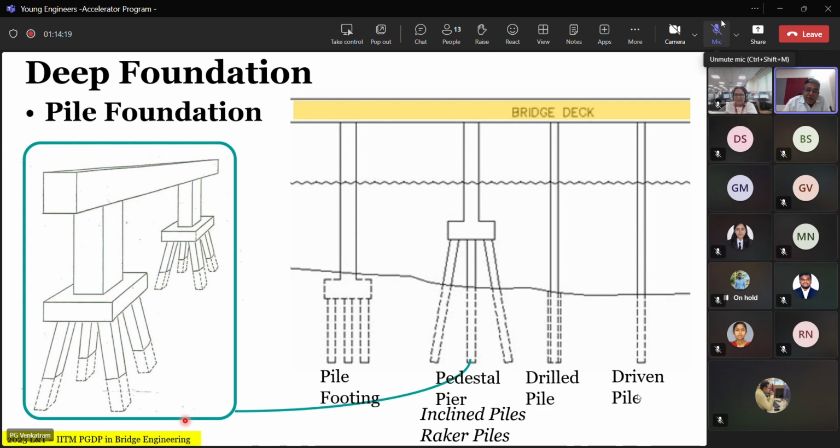So my question to you is, when should you use the raker piles? Where should you use raker piles comfortably?